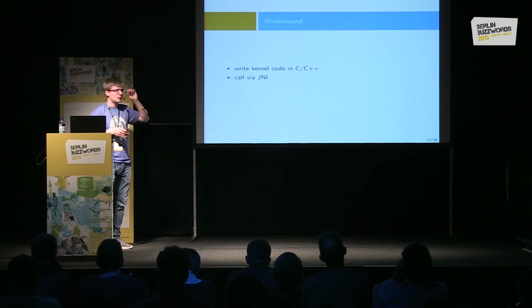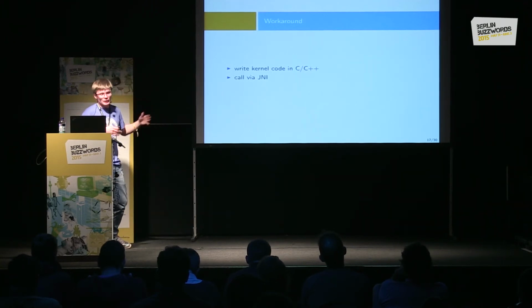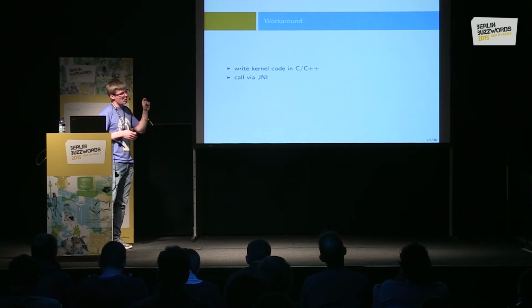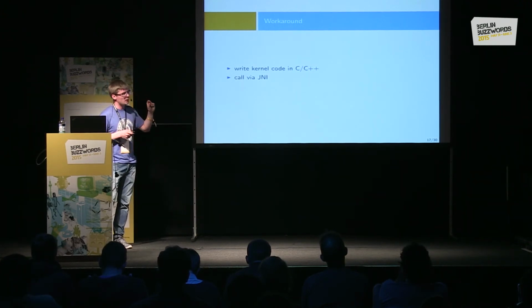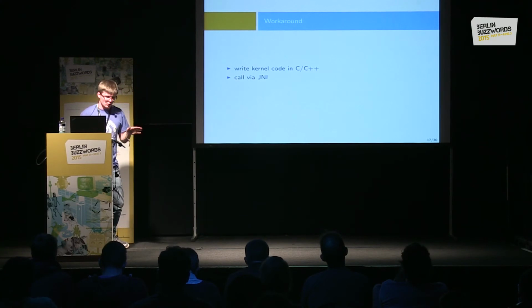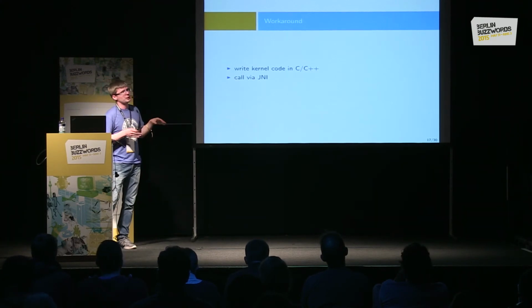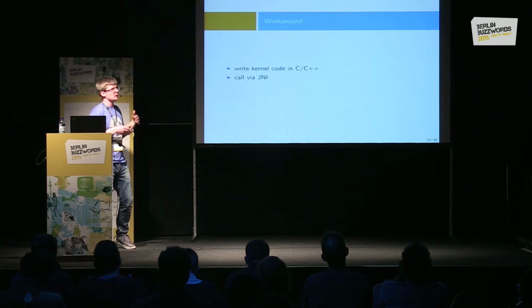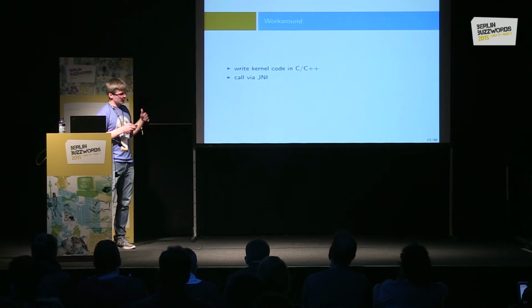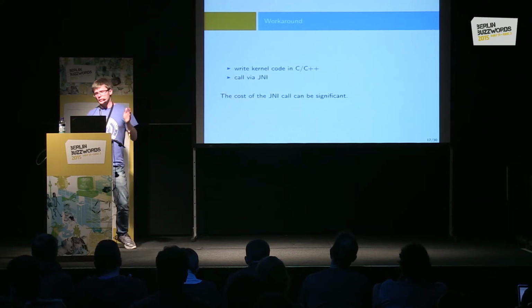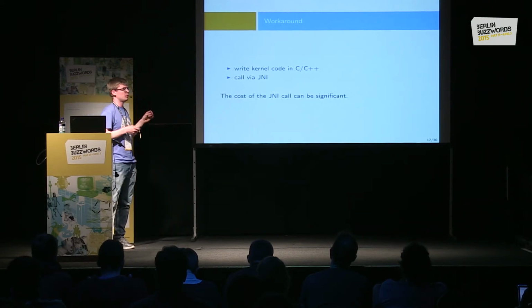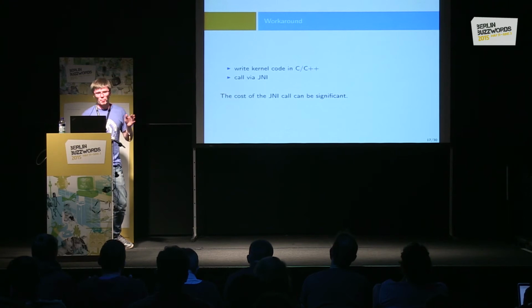In this case it works, but if the duration of our method is low, so that we can measure it in nanoseconds, then the cost of a JNI call can be significant, and we lose our boost.